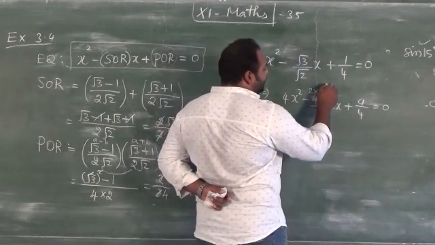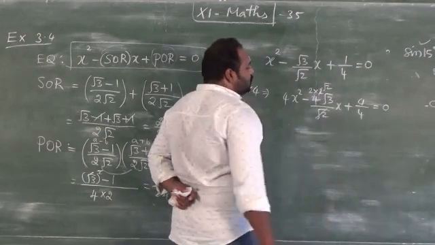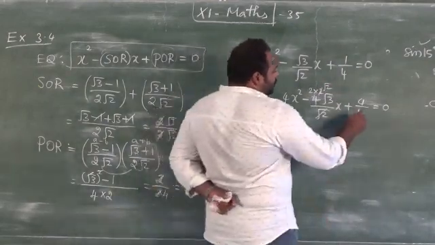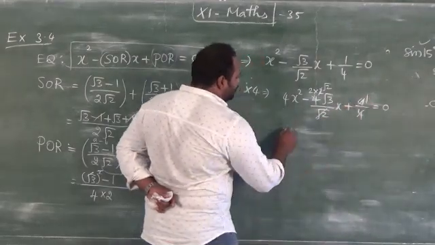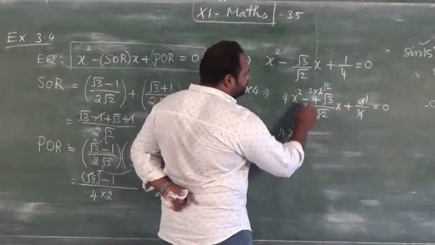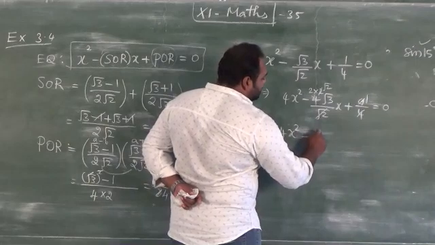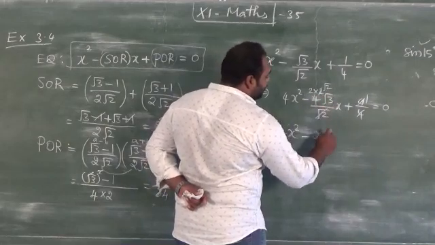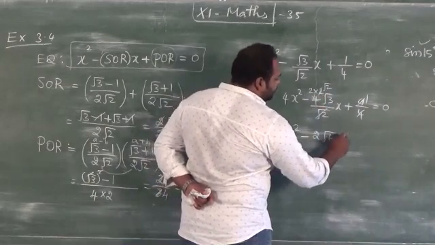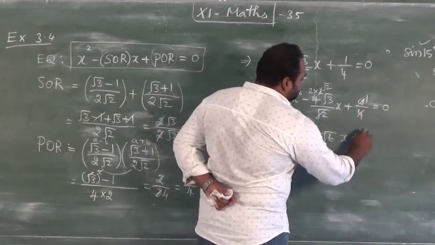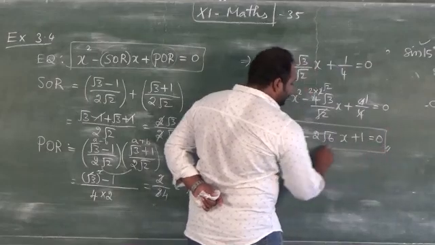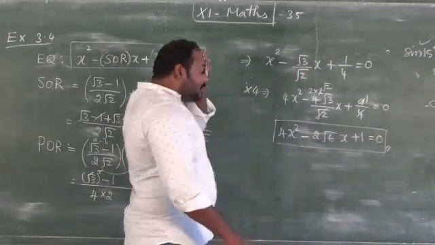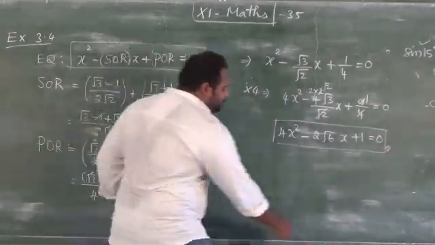If you cancel this 2, it will be root 2. 4 cancel, remaining 1. So now 4x square minus 2 into root 2 into root 3, it's root 6 x, plus 1. So this is the quadratic equation for the given roots.